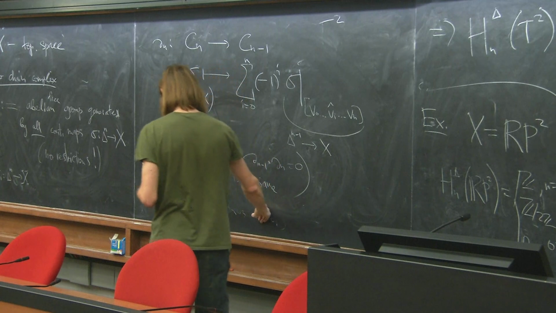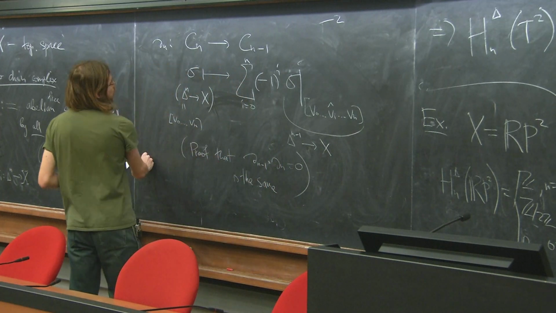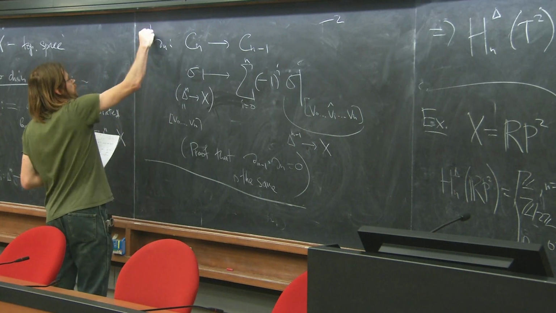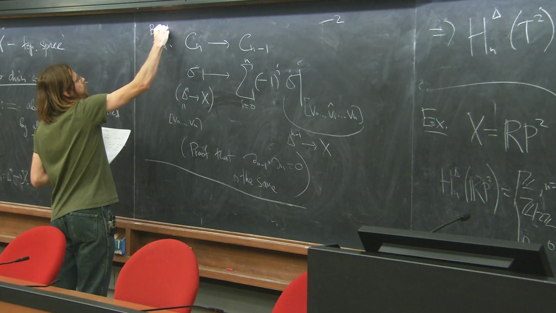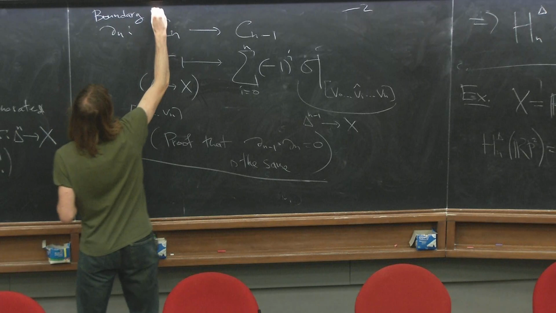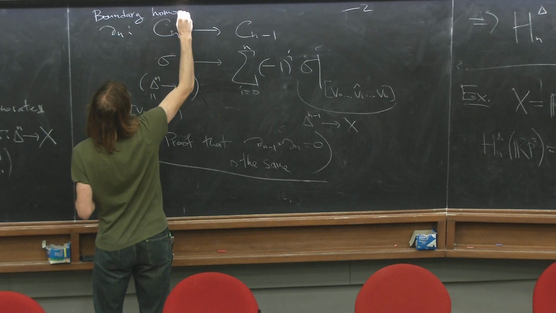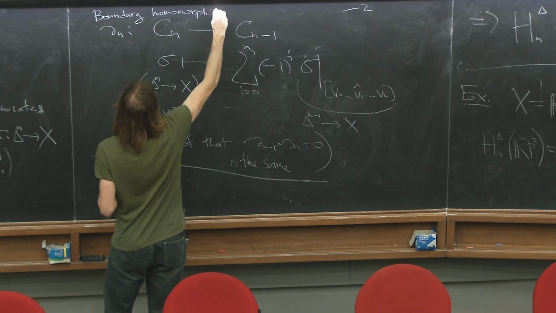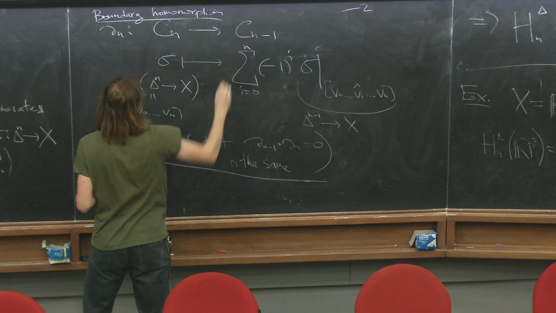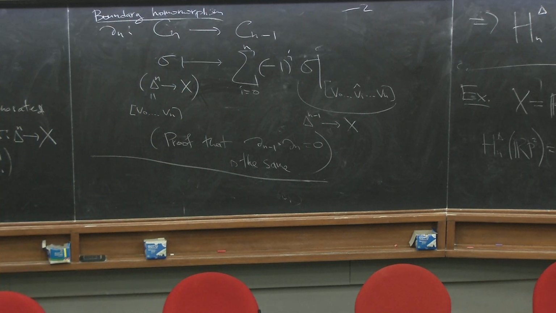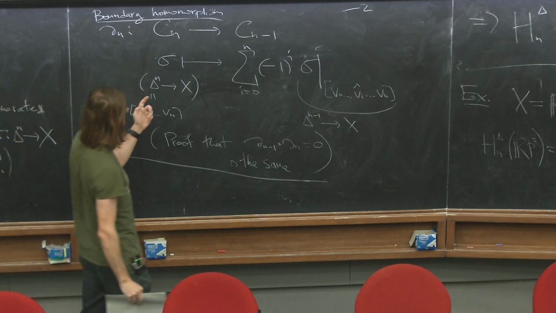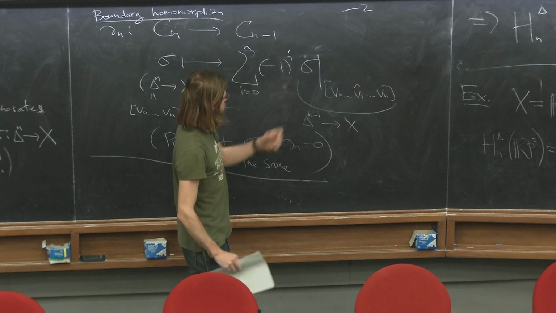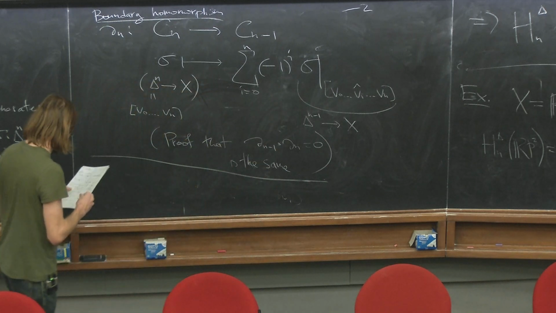And then again it's called the boundary homomorphism, because it's related to the restriction of this map to the boundary of the simplex.